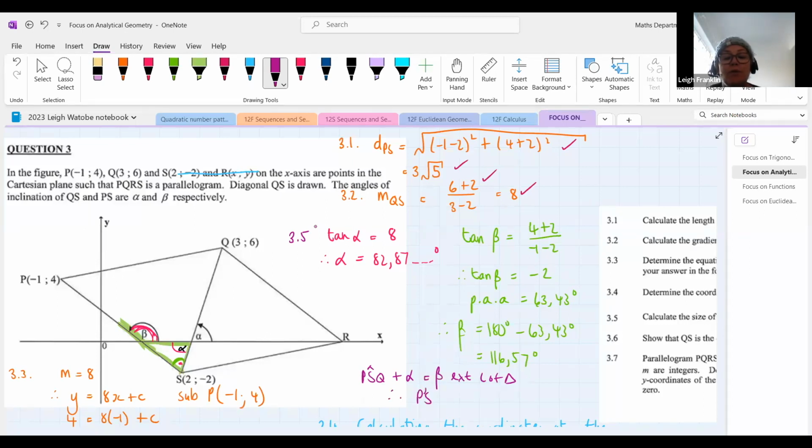Therefore, PSQ is going to be equal to 116,57, and again, I should keep all my decimal places there, minus 82,87.